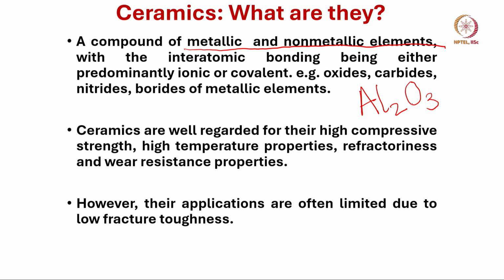Aluminium is metal, alumina is its oxide form, that is ceramic. So, where the interatomic bonding, this is very important, can be either ionic or covalent bonding, like oxides or carbides. Examples of carbides are titanium carbide, zirconium carbide, and so on.